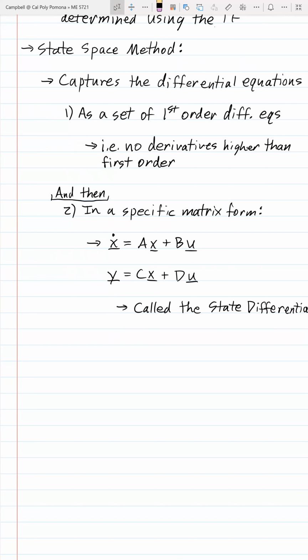The state differential equation and the output equation.